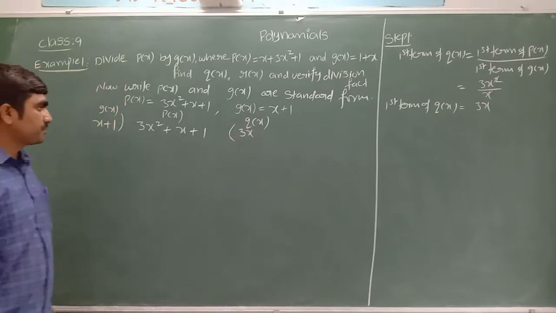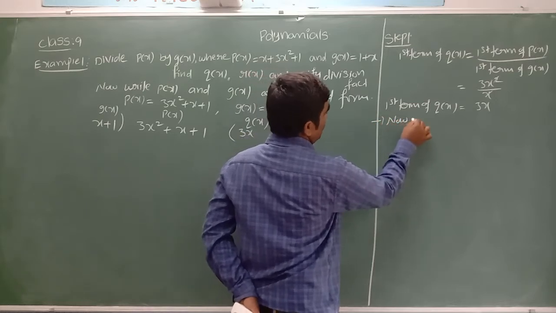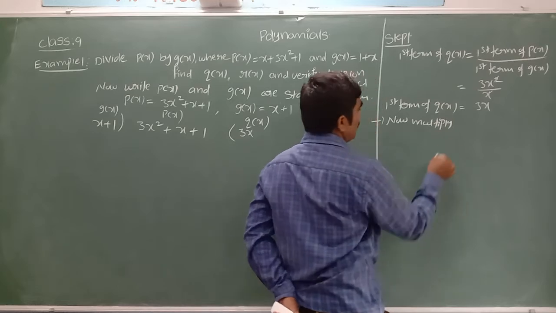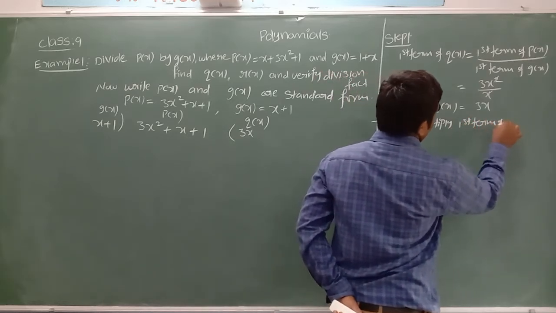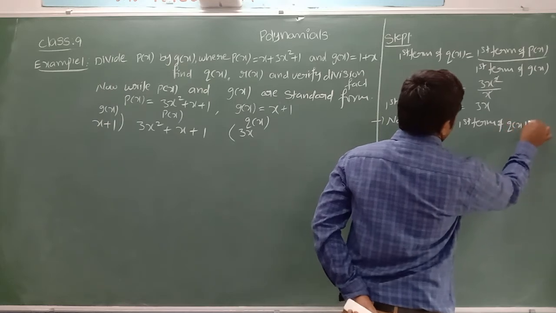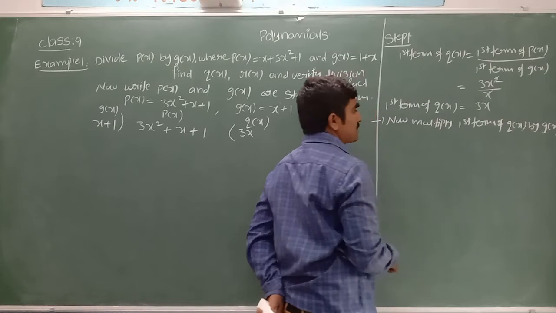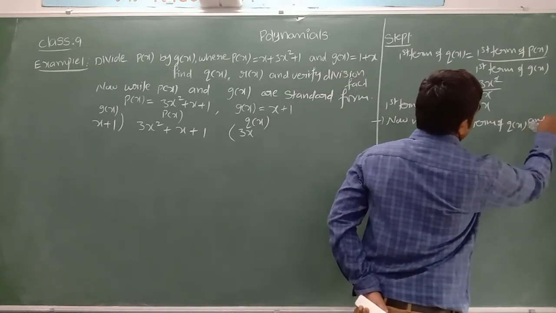Now after that, we need to multiply the first term of q of x by g of x.